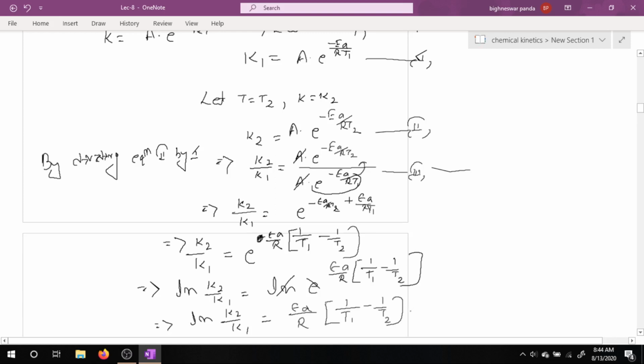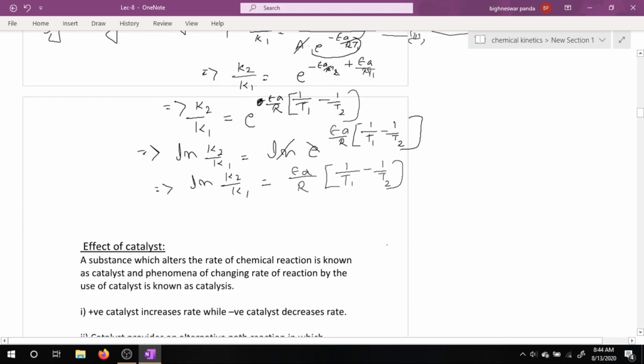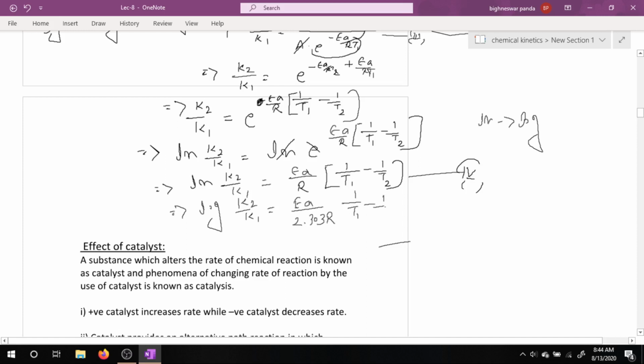This is the variation of rate constant with two different temperatures. If I have to convert ln into log, I can write here log K2 by K1 is equal to Ea by 2.303R into (1/T1 minus 1/T2).